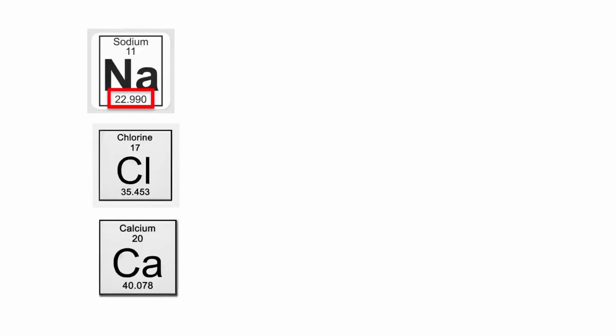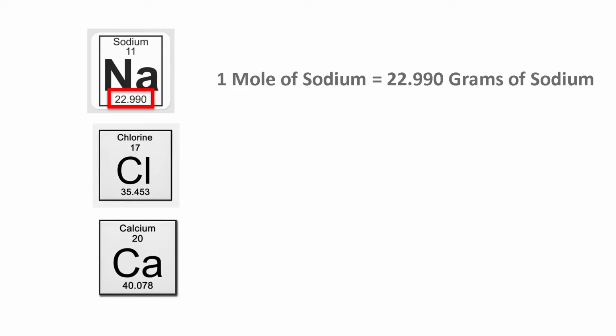This number reflects the atomic mass of the element. The element is sodium and the atomic mass is around 22.99. This means that 1 mole of elemental sodium will have a weight of 23 grams.